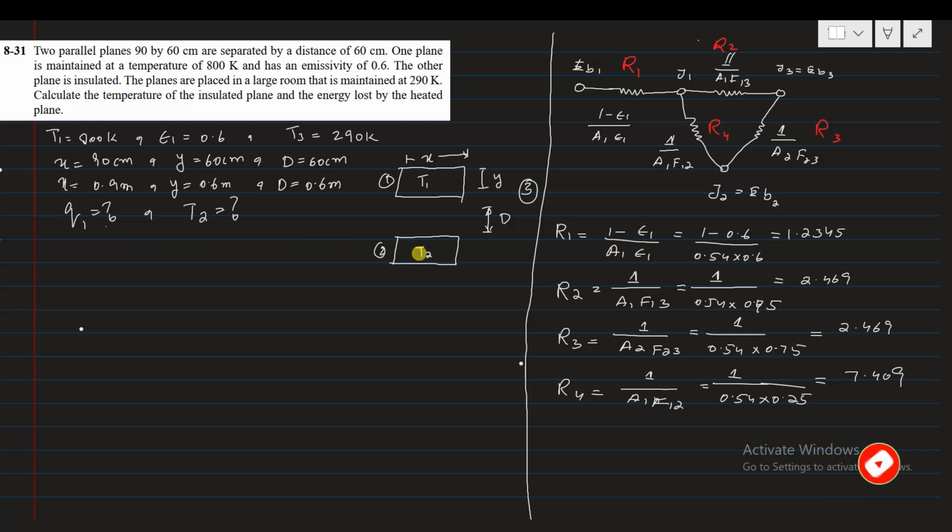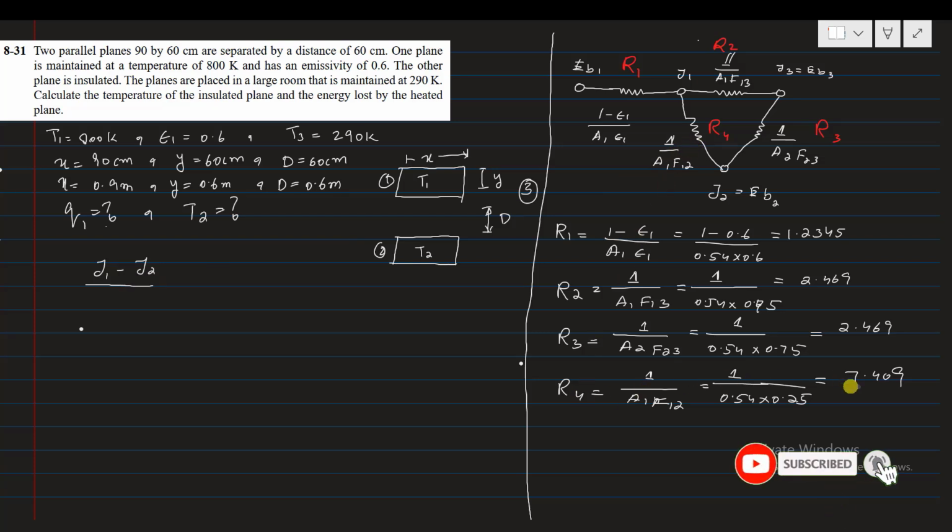To find the temperature of the second plane, we need to find the value of the radiosity J2 with the help of this resistance network diagram. All the heat current entering the node J2 sums to 0. The heat current entering from J1 to J2 is J1 minus J2 divided by its space resistance, that is R4.